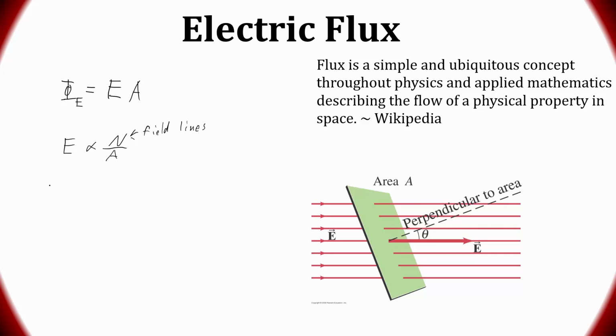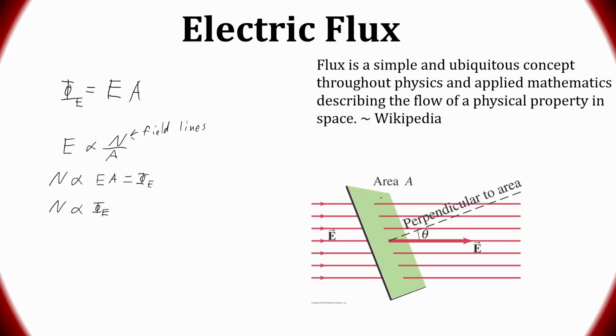So if we rearrange this and say that the number of field lines is proportional to the electric field times the area, this thing was equal to our flux. So we can also say, this is a good way of conceptualizing electric flux, it is the number of field lines going through a certain area. So in our picture over here, the flux is the number of field lines going through this surface here, or it's proportional to that anyway.